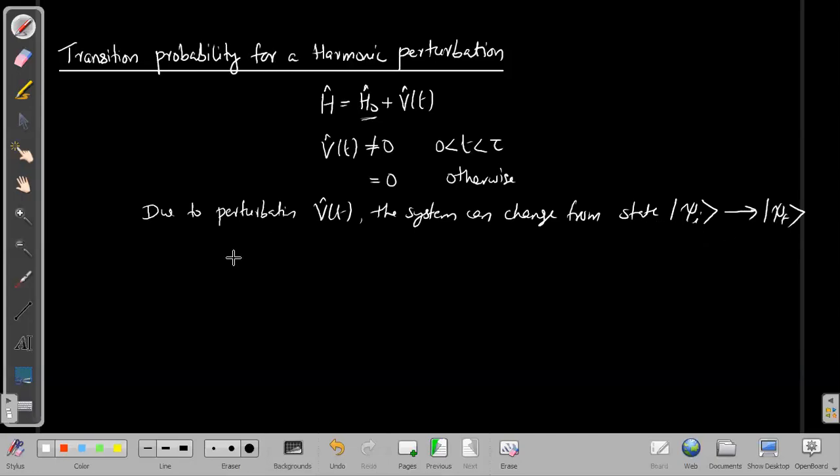We already found the expression for the probability of this transition.